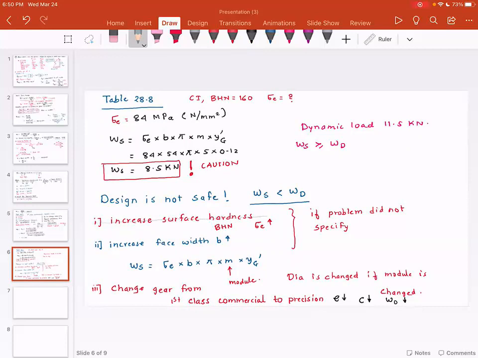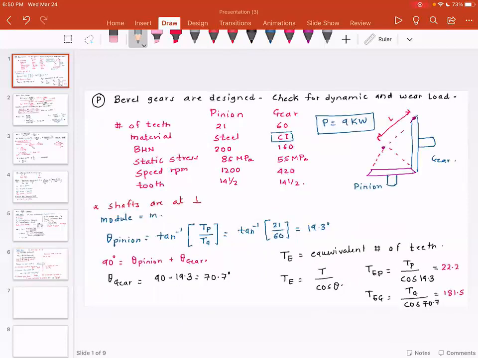Option 1 is not available, Dylan, unfortunately, because if you look at the problem statement, the cast iron Brinell hardness number is specified. So unfortunately, we can't change it. The option is we can go with 2 or we can go with 3.